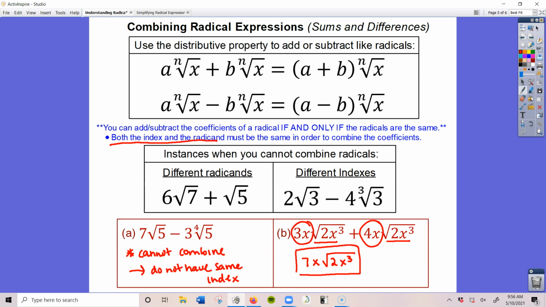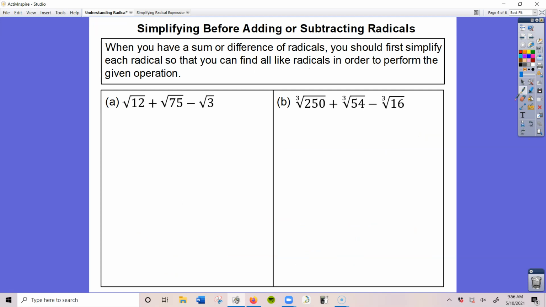Now sometimes, like in the examples we're going to look at now, it may not be so clear that we can combine them. So before we dismiss this expression as, oh, I can't combine because they don't have the same radical, let's try simplifying the radicals first and then see if we can combine. So these are all square roots, meaning that I need 2 of each to move it to the outside.